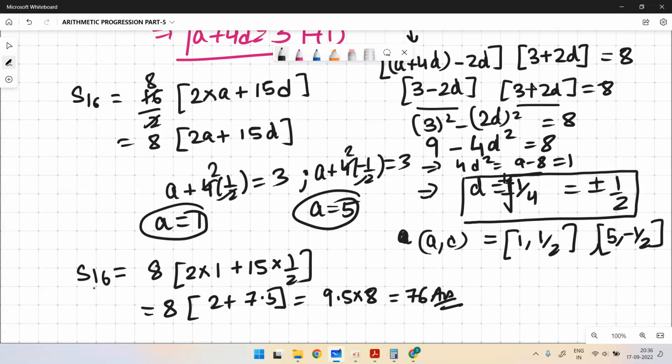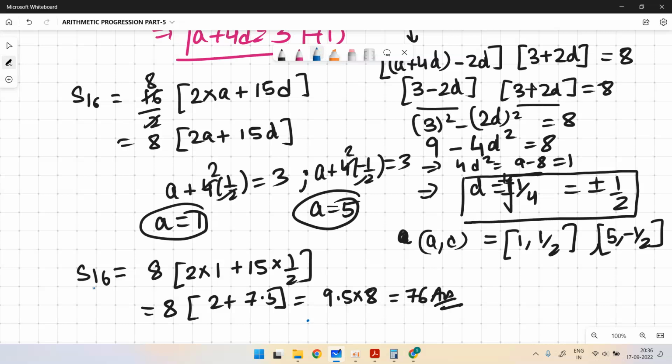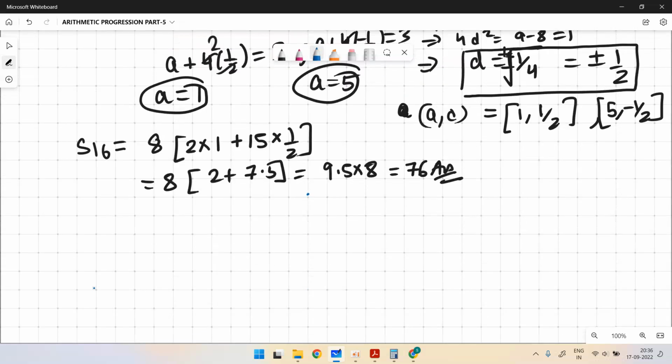And for the other value, S of 16 will be 8 into 2 into 5 plus 15 into minus half.